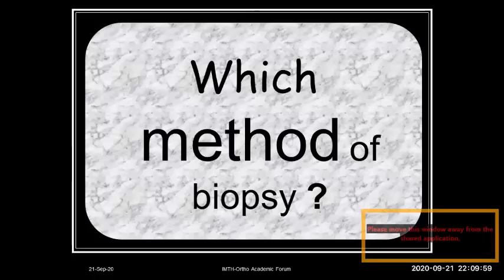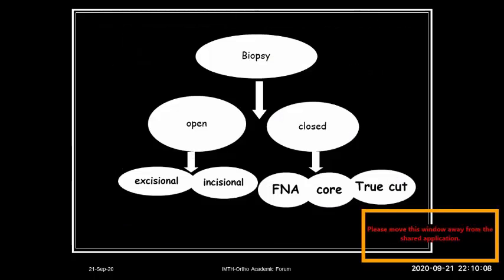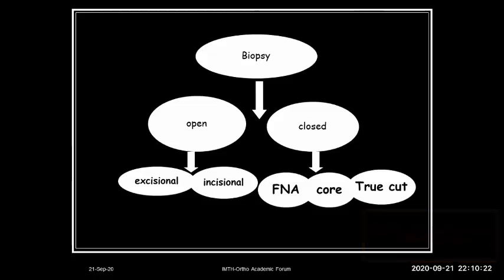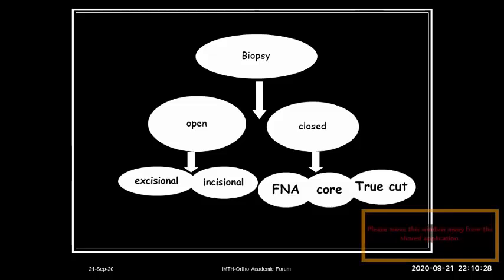So which method of biopsy you are going to use? Okay, you have some biopsies that could be done open, like the incisional type of biopsy. And actually, we do an excisional biopsy in benign cases that we are completely, deadly sure is a benign tumor, like osteochondroma.